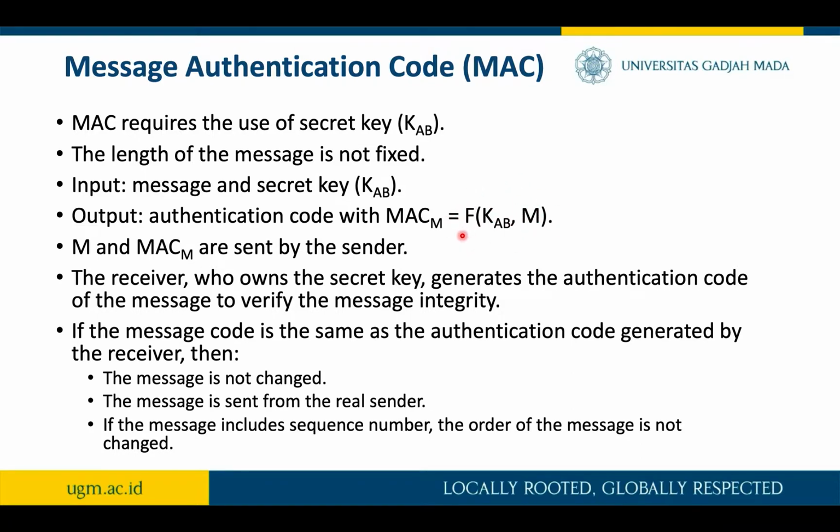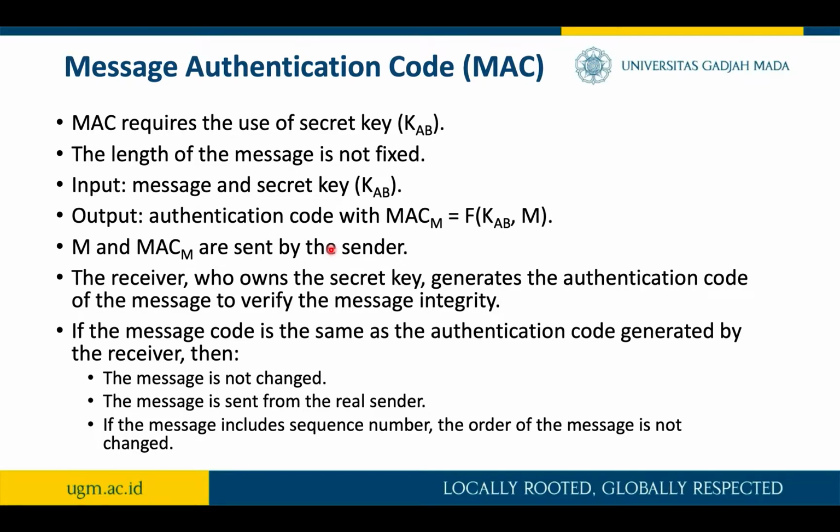So what we need to do is to apply the function to the message, using the secret key. We will get the message authentication code of the message M here.